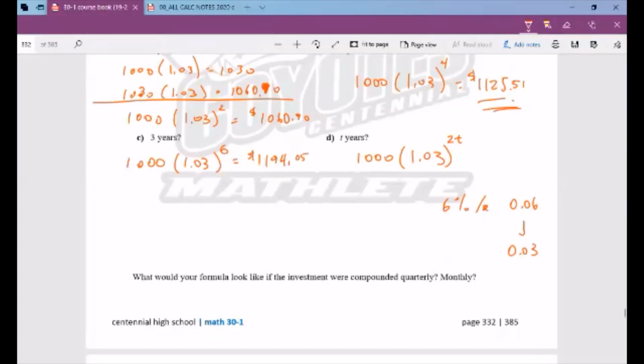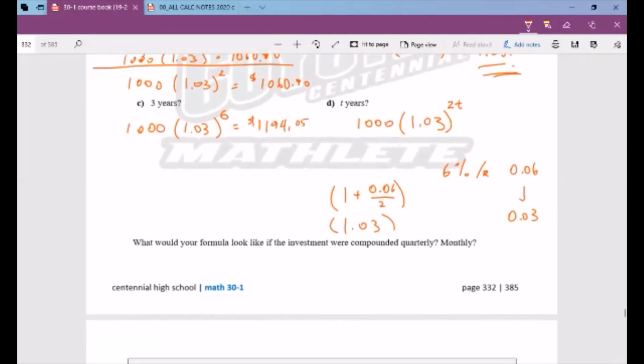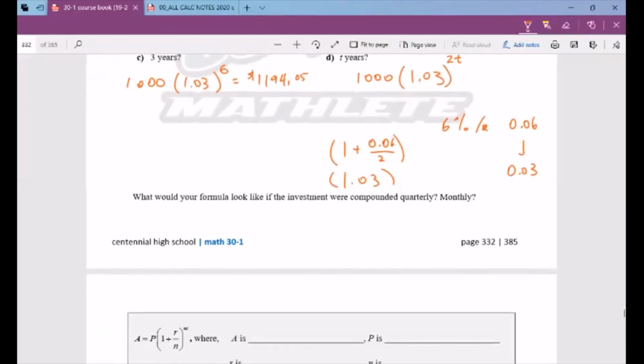So it's kind of like what we've done here is we've taken 1 plus 0.06 divided by 2. That gave us our 1.03. What would our formula look like if the investment was compounded quarterly? Quarterly means 4 times per year. It means every 3 months, but 4 times in a year.